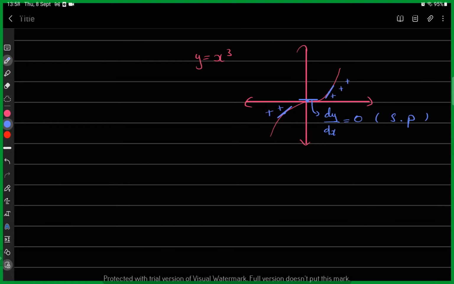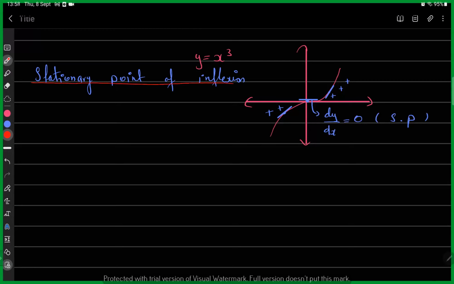So this is basically called a stationary point of inflection.